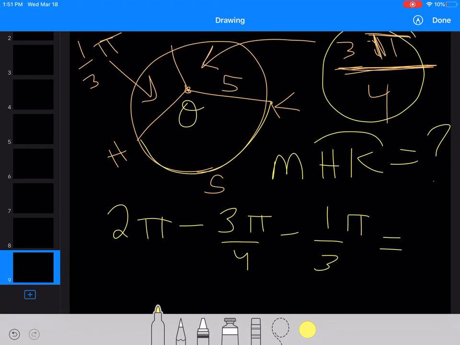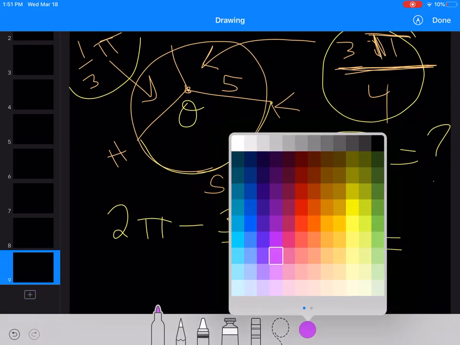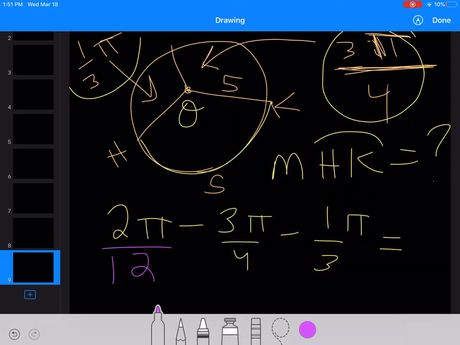So we just need a common denominator of 12. So we can multiply this by 12, multiply that by 3, by 3, by 4, and by 4.